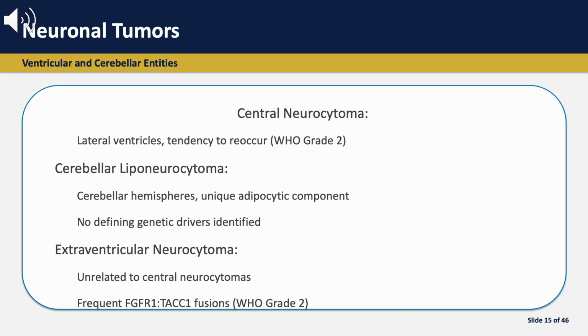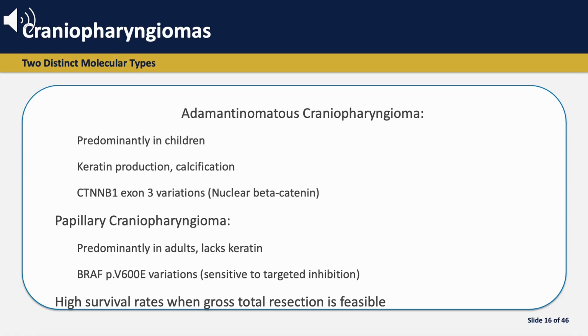No defining genetic drivers have been identified thus far for these tumors. Despite their name, extraventricular neurocytomas are unrelated to the above tumors and show frequent FGFR1::TACC1 fusions. They also carry a WHO grade 2 designation.